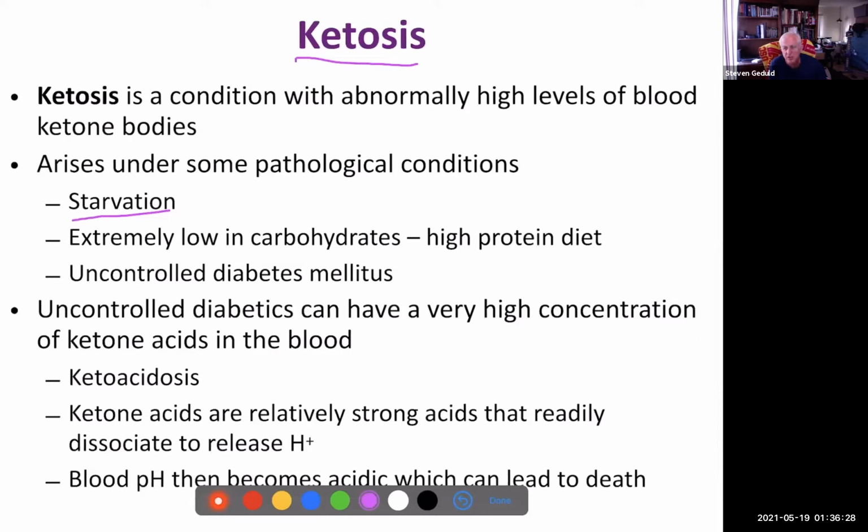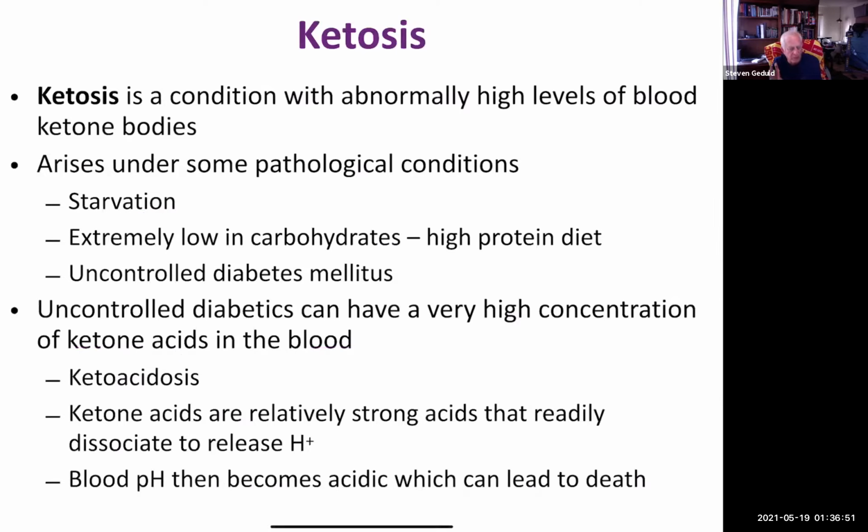Uncontrolled diabetes produces extra ketone bodies. Uncontrolled diabetics can have a very high concentration of ketone acids in the blood, and you can get ketoacidosis. Ketone acids are relatively strong acids that release H+, and H+ can then lower the pH of the blood.